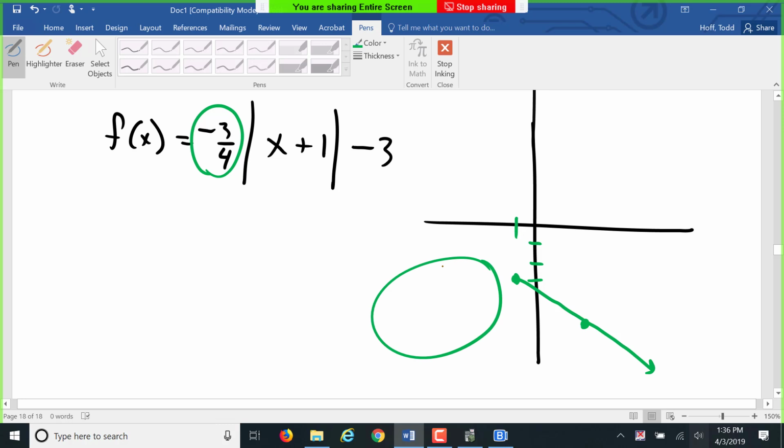On this side, it's going to have the opposite slope, a positive 3/4 slope. To find that, we're going to make it negative 3 over negative 4. So we're going to go down 3, back 4 to get that point right there. And there is our absolute value graph.